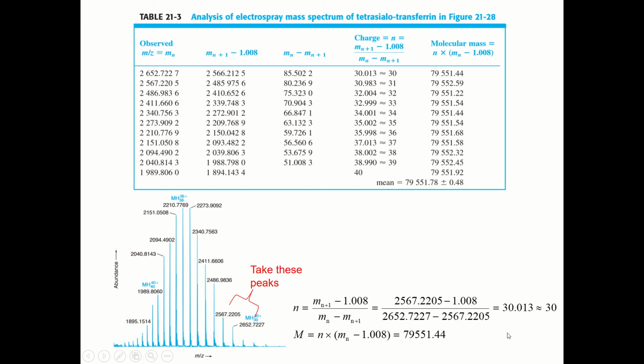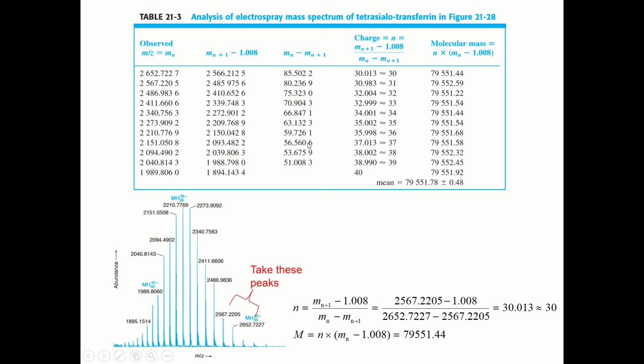And what is the molecular weight? 30 multiplied by M_n, this mass number, minus 1.008, and then we get this big number, 79,551.44. This way you can calculate the molecular weight. But pick any two peaks, do the same calculation, and you must get the same molecular weight. Otherwise, that doesn't make any sense.